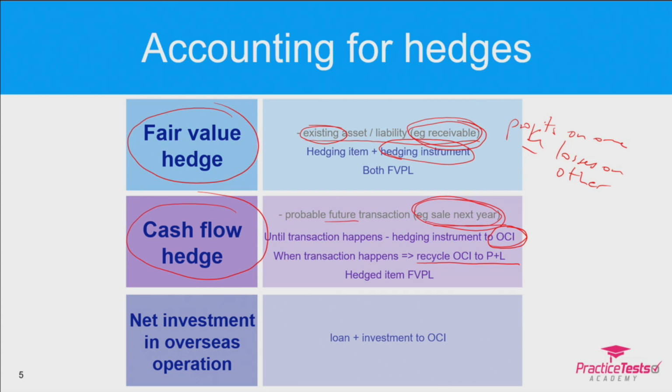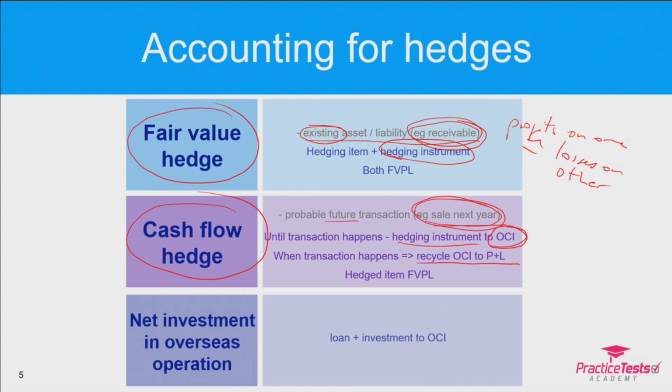So what you should see happen is, let's say the exchange rate is moving against us gradually on a sale that we're making next year. By the time we get to the end of this year, the fact the exchange rate's moved against us on the future sale should mean it's moved in our favour on the hedging instrument. So what you'd see is a profit made there. Now, rather than recognising that profit in the P&L account, we temporarily park that profit in the OCI.